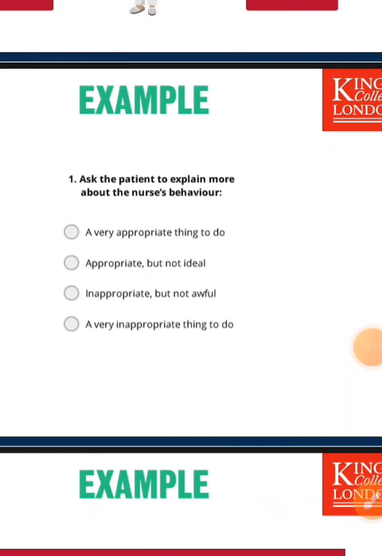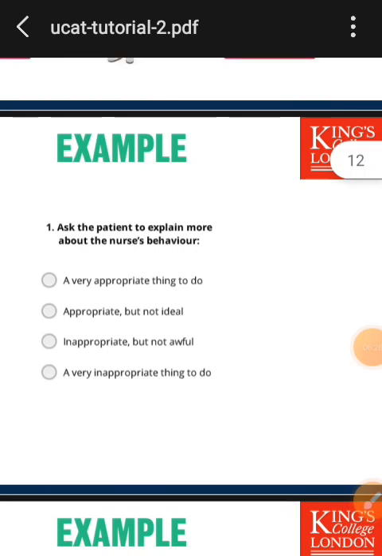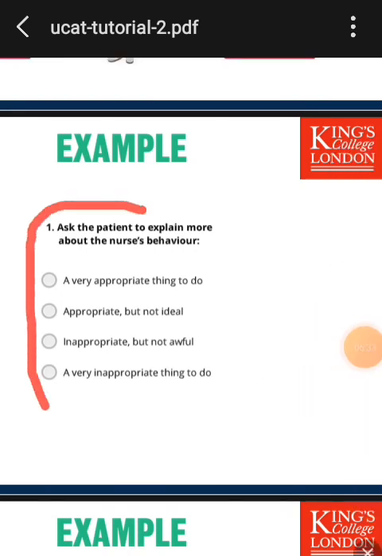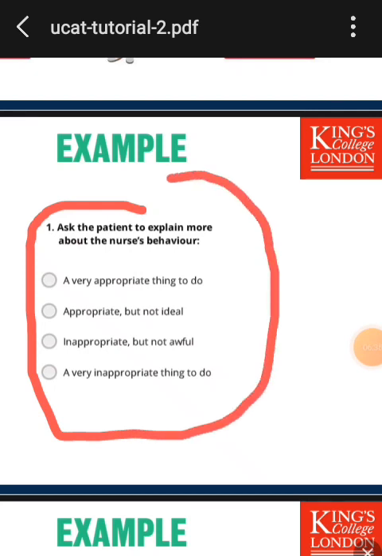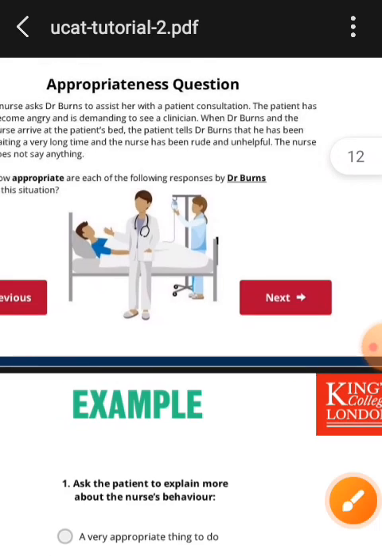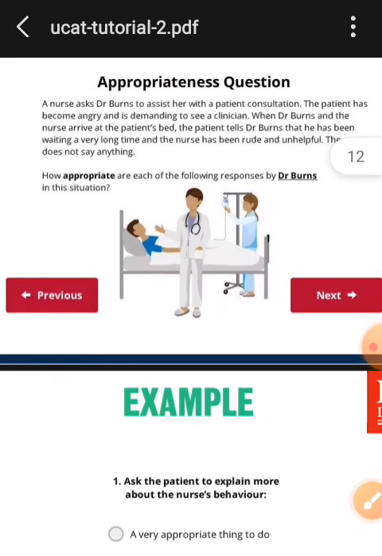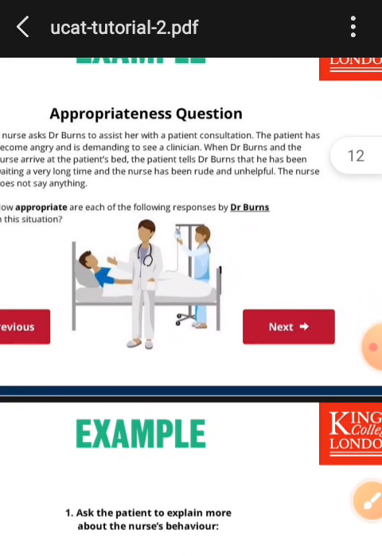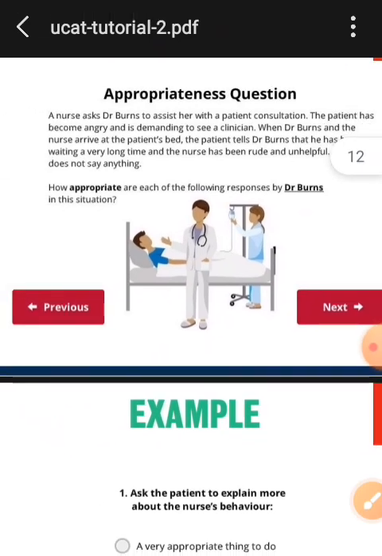You are going to select whether each response is appropriate among the four options you are given. So you will choose whether this is appropriate or inappropriate. Let us listen to the answer. How appropriate are each of the following responses by Dr. Barnes?